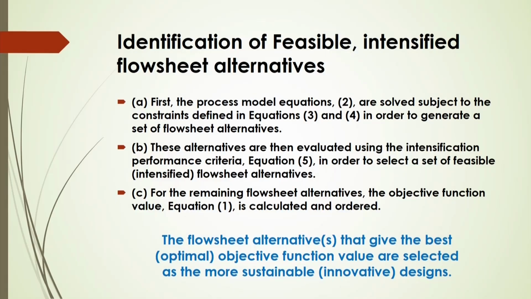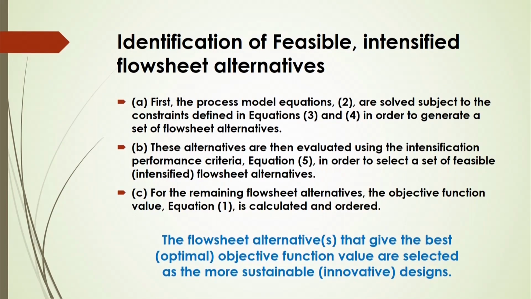These alternatives are then evaluated using the intensification performance criteria. Equation 5 is used in order to select a set of feasible flow sheet alternatives. Here you remember the equations that I have given, sequentially 1, 2, 3, 4; though it is not mentioned here, it will be considered as 1, 2, 3, 4, 5.